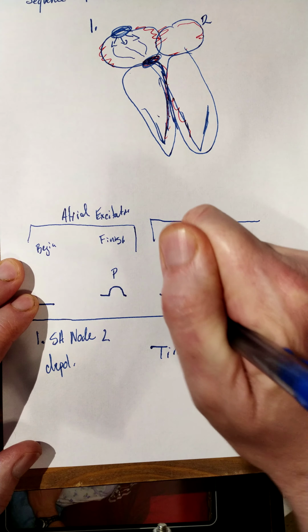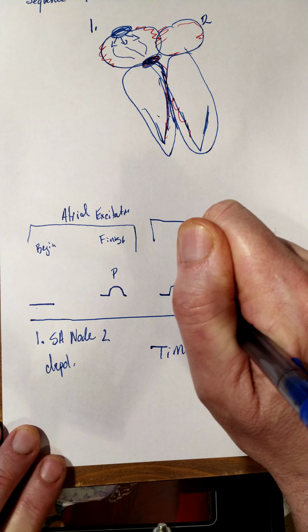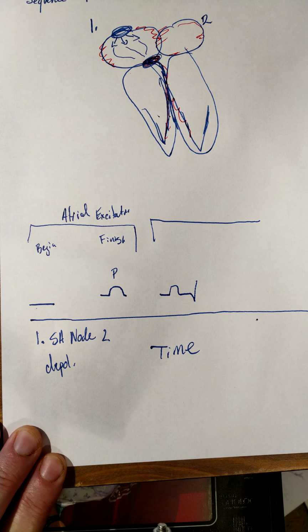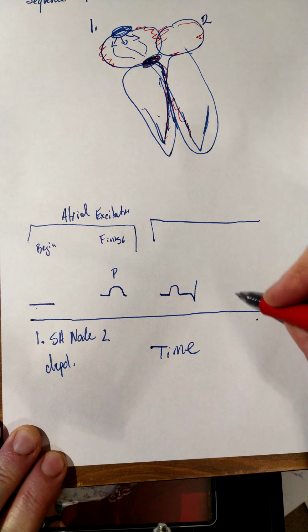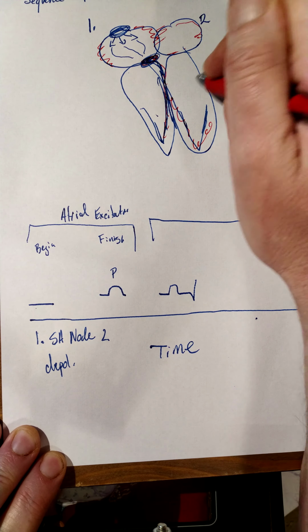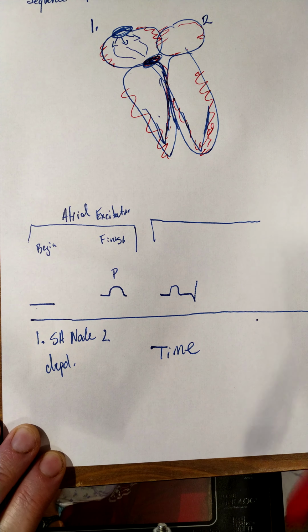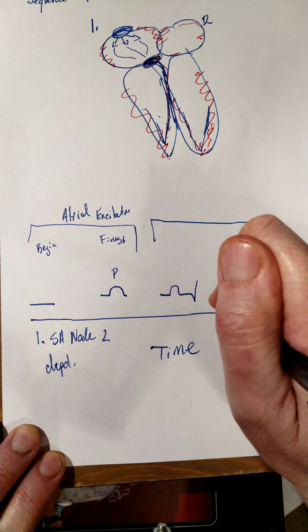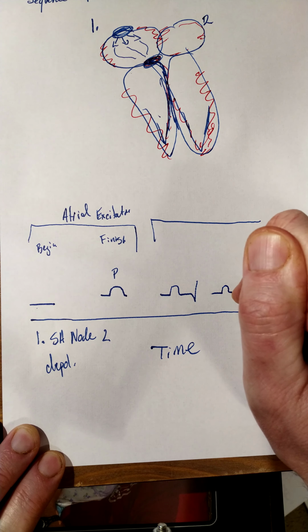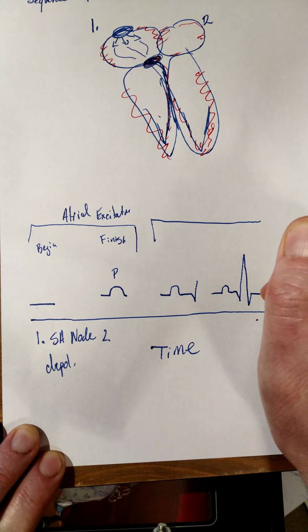We have our P wave, Q, and then we get the beginning of our R wave right here. And then as the depolarization travels through here, then we get contraction of the ventricles after our latent period. And our ECG now looks like this at the end. P wave, Q, R, S, like that.